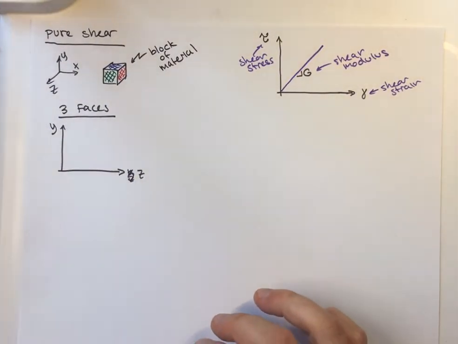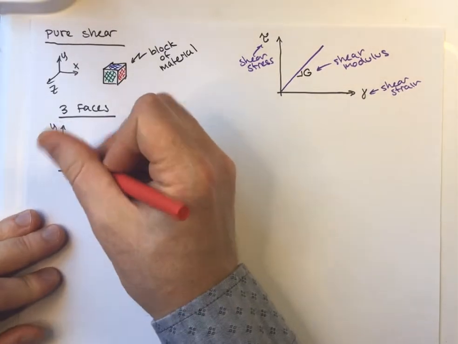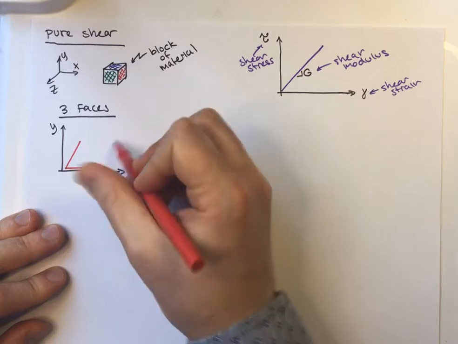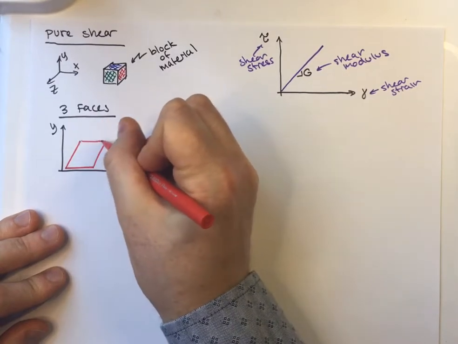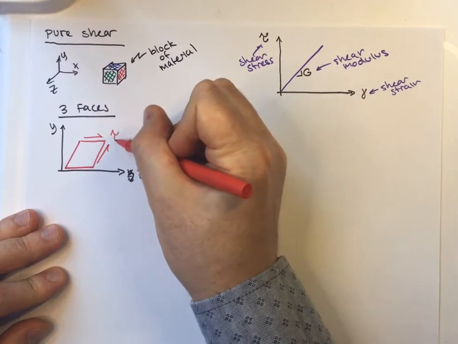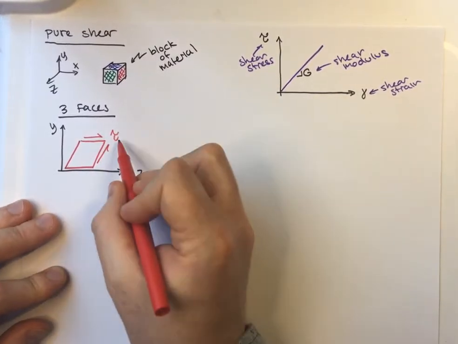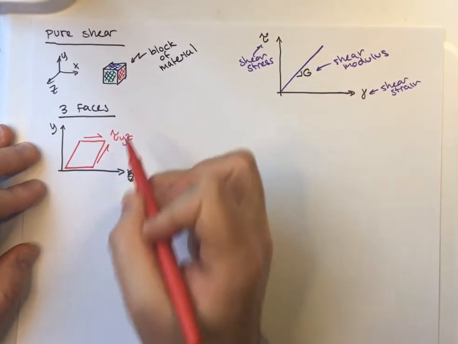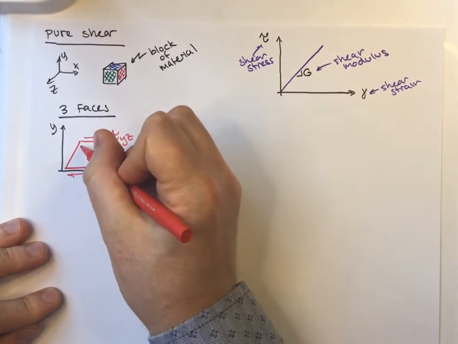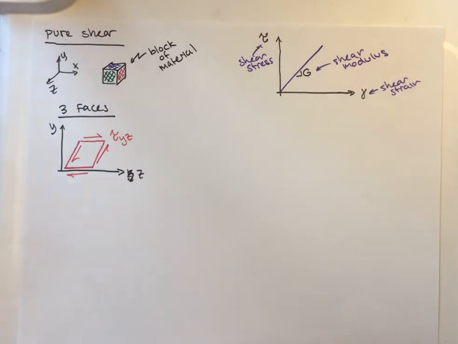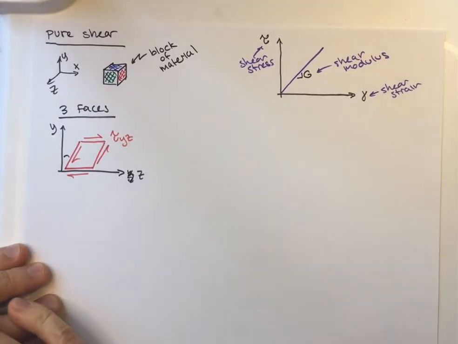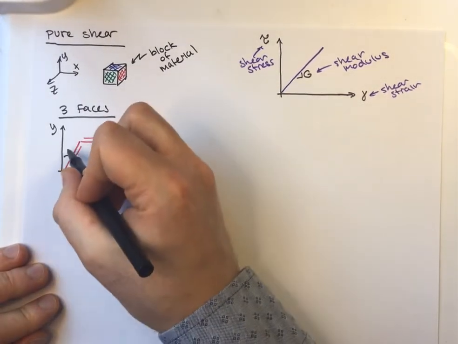Our square, if we apply some shear stress to it, might end up looking something like this. Okay, so here's our shear stress. That's tau, and this is going to be tau YZ. And we'll have some stresses going the other way on this face. Over here, we're going to have a change in angle, right? And what is that change in angle?